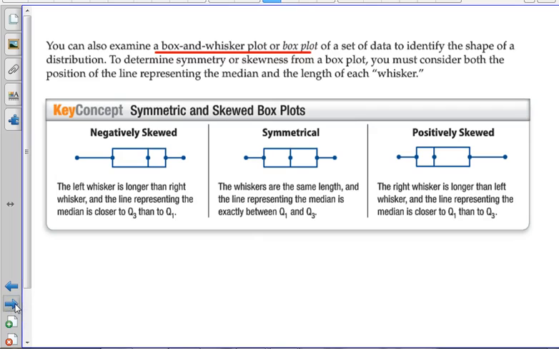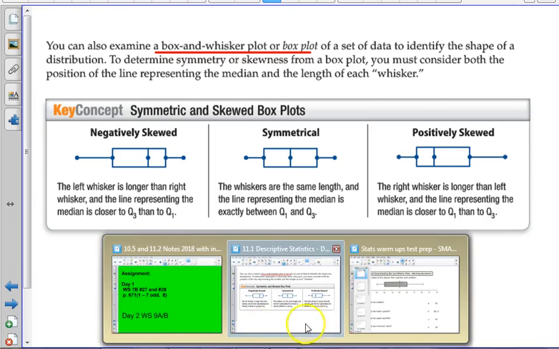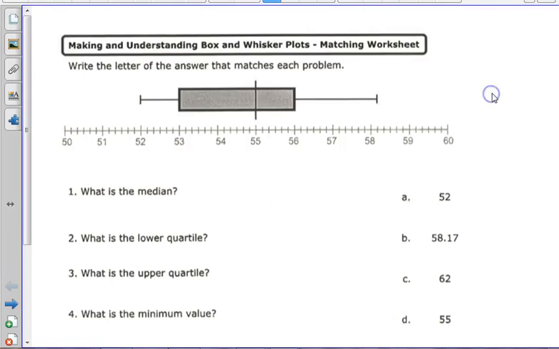Box and whisker plot. We're going to spend 5 minutes on this. I have a really quick little slide here, okay? Making and understanding a box and whisker plot. How many of you have done these before? Everybody should have done these at some point, even back in elementary or middle school.